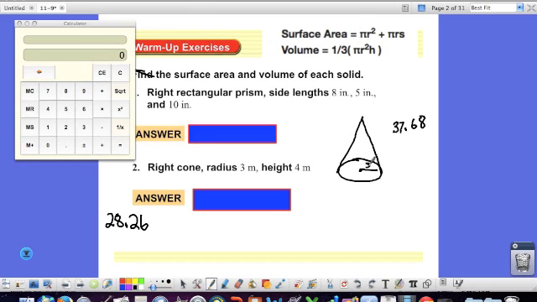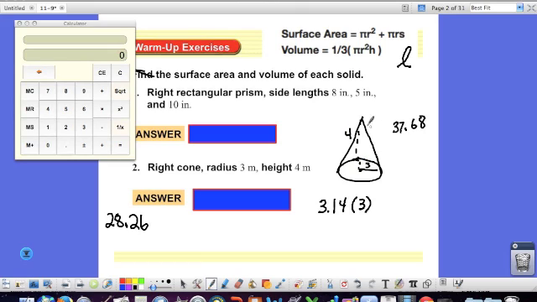So as we said, the area of the circular base is 28.26. To get the area of this unrolled cone part here, you would do 3.14 times the radius. Now you need this side length, which I said sometimes you'll see written as a cursive L. So this is 3.